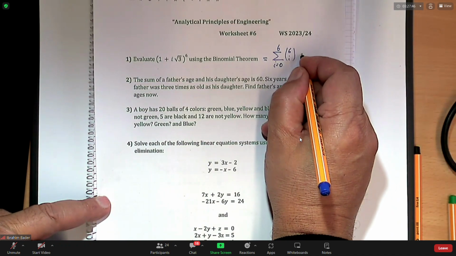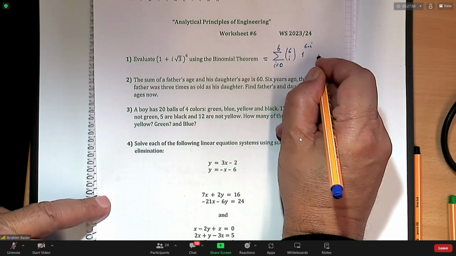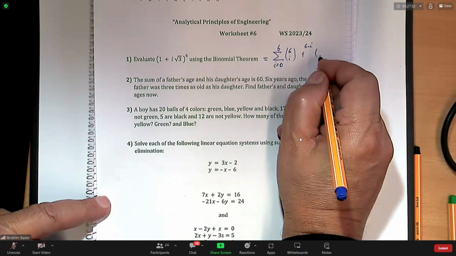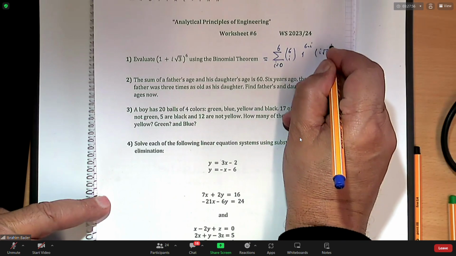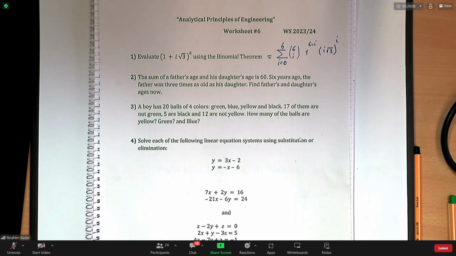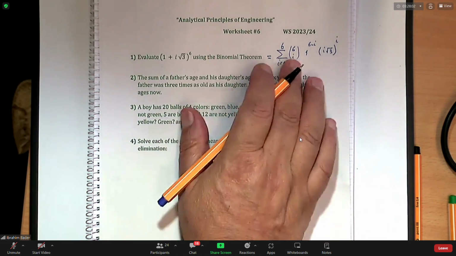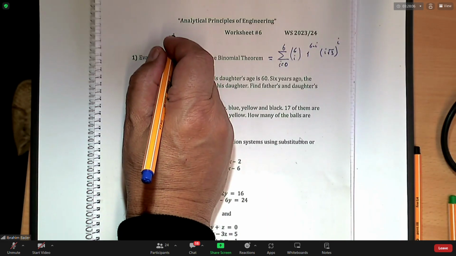Then I have here 1 to the power 6 minus I times, here you take the square root of 3 to the power I. Okay, so this is the rule. And 6 choose I, maybe I write it here somewhere.